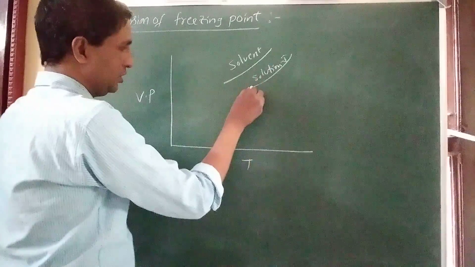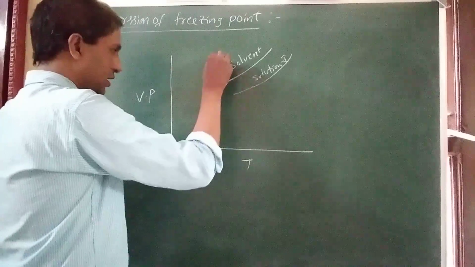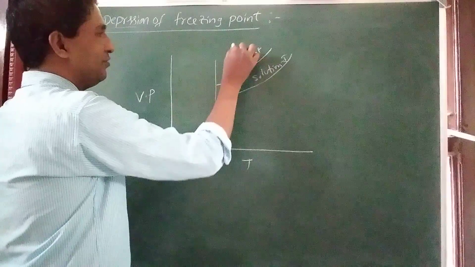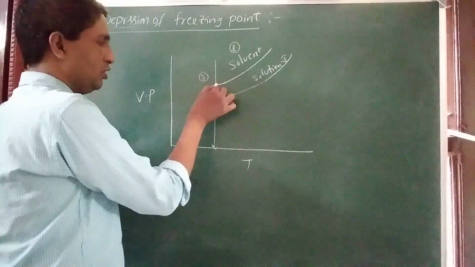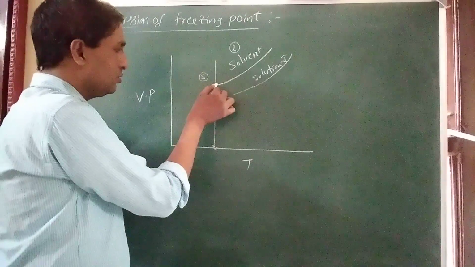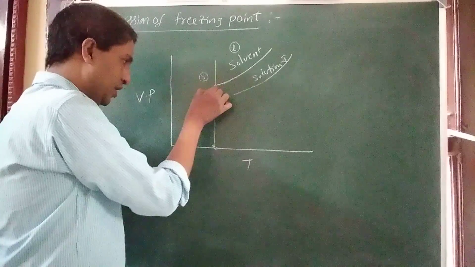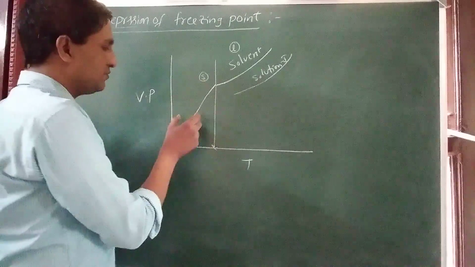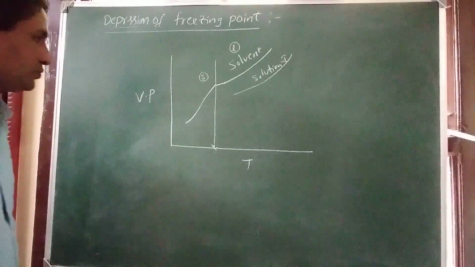At a certain temperature, like this temperature, the liquid solvent converts to solid state. It solidifies. When it converts to solid, its vapor pressure steeply decreases, because the vapor pressure of solids is always very less compared to liquids.